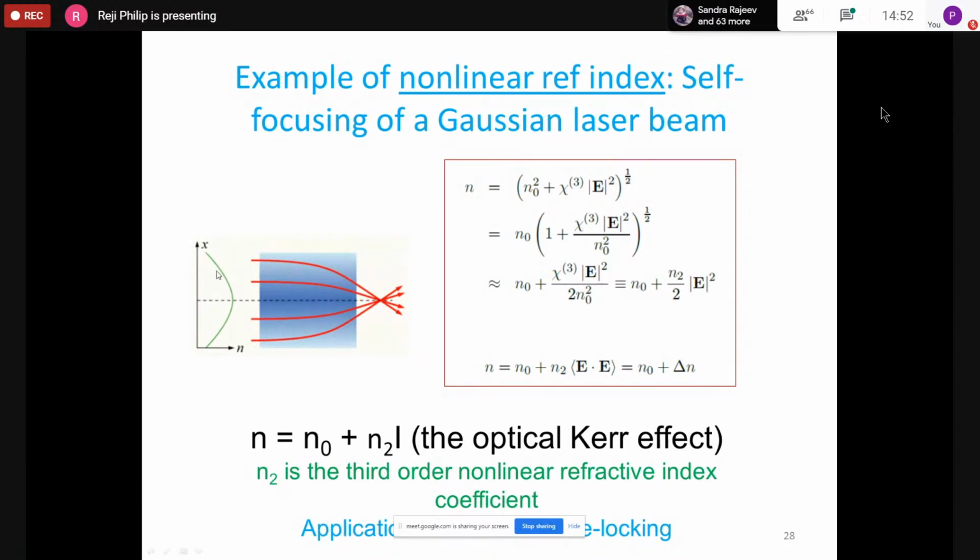So think about a spatially Gaussian laser beam. A Gaussian beam is very common because that's the lowest order mode in an optical cavity. If you just allow a laser cavity to lase, in many cases you will get a Gaussian beam. So what is a Gaussian beam?